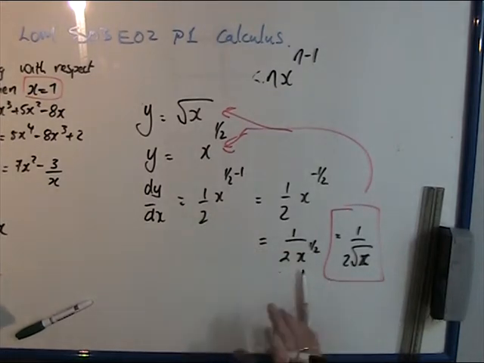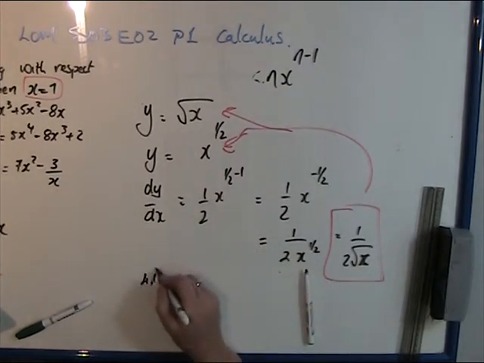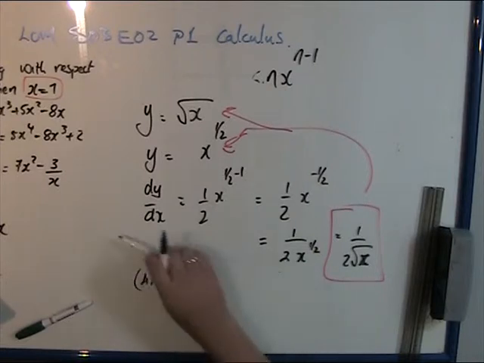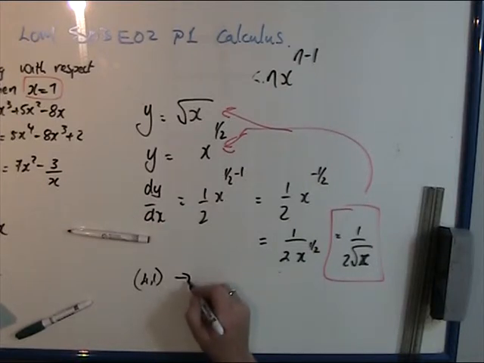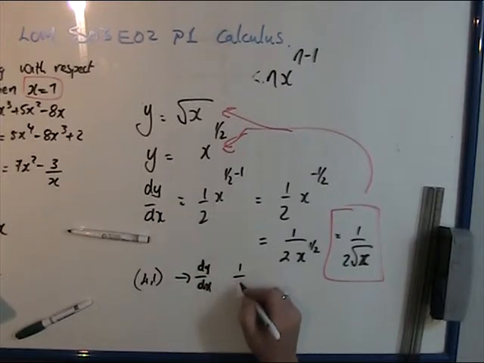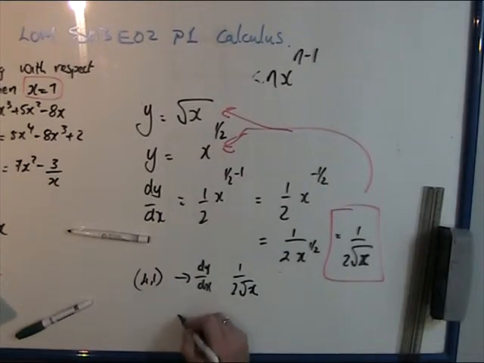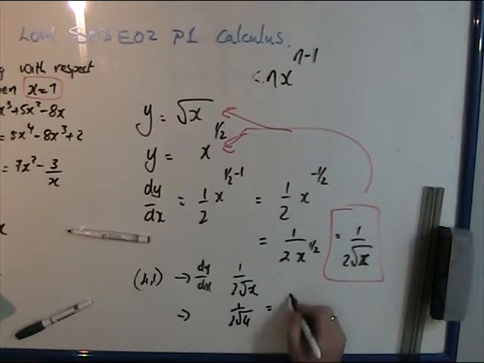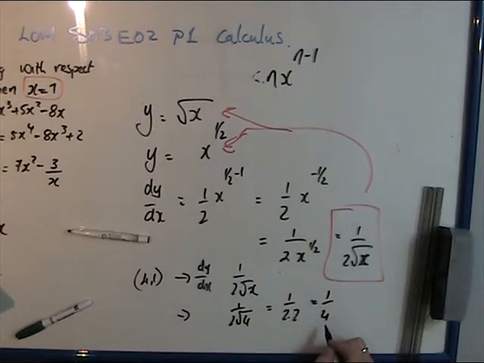So if you have a point 4, 1, and you want to put it into this equation to find the slope, well, you've done dy dx, so you put it into the formula 1 over 2 times root x. So x is equal to 4, that implies 2 times root 4, which is 1 over 2 times 2, which is equal to a quarter.